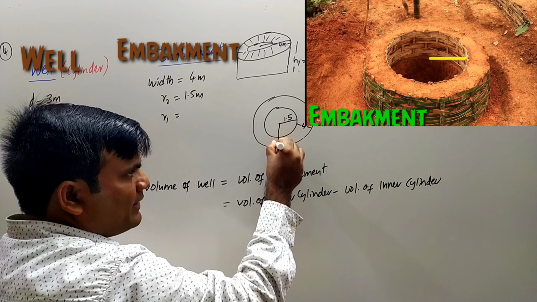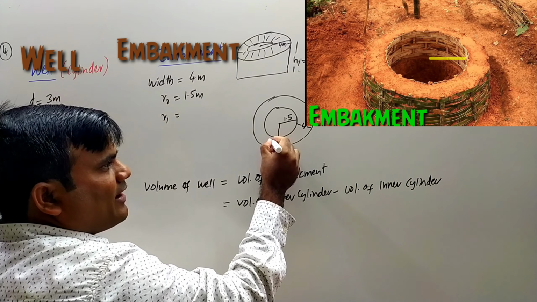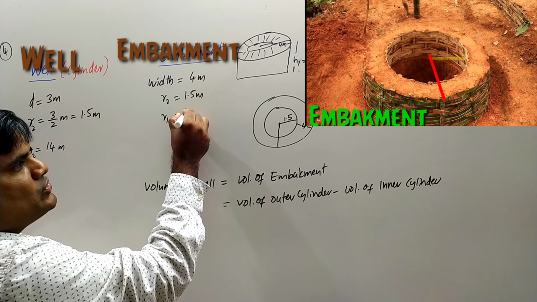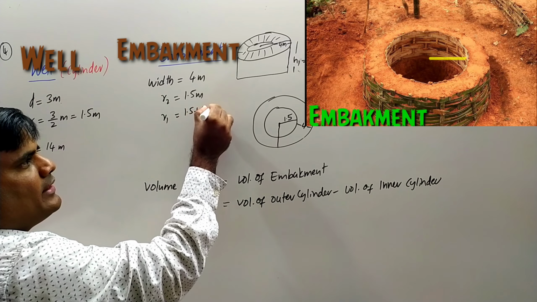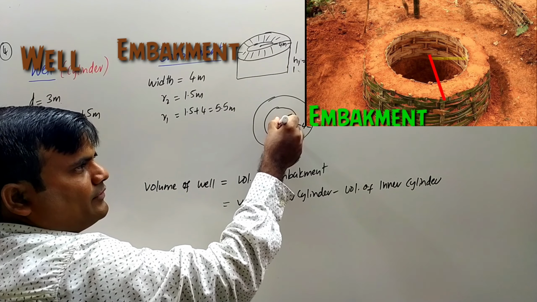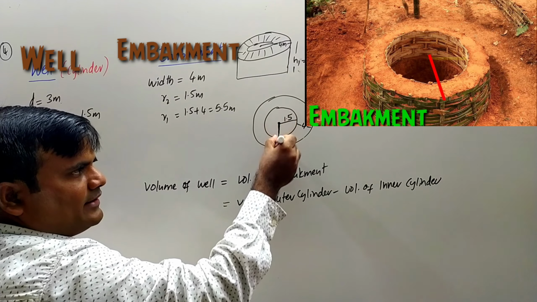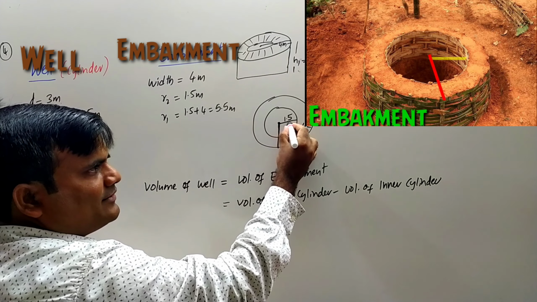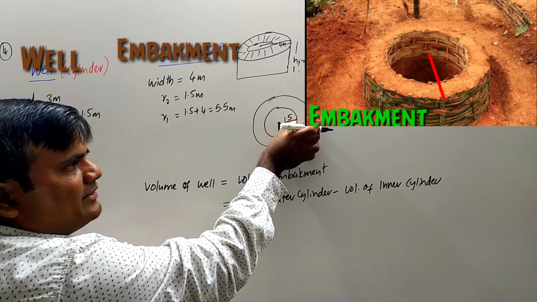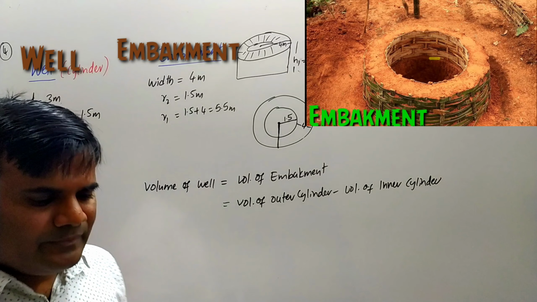So 1.5 plus 4 is R1. So this length is R1. R1 is equal to 1.5 plus 4, that is equal to 5.5 meters. So the outer radius is 5.5, and the inner radius is nothing but the well radius, which we already know, that is 1.5. So this 1.5 plus width is the outer radius.